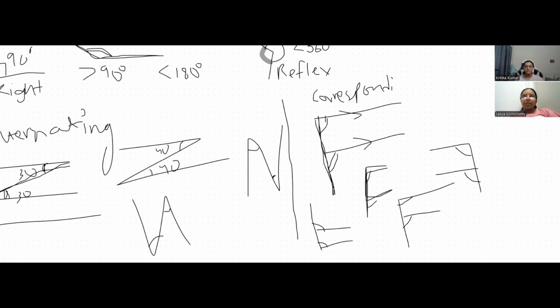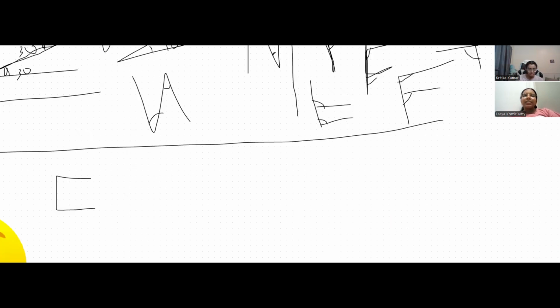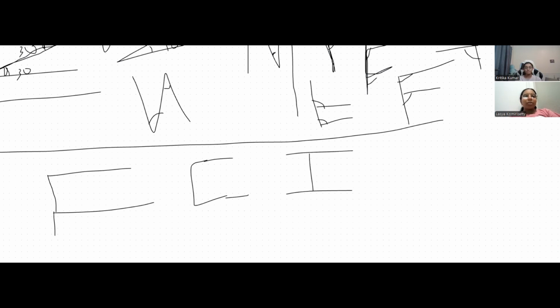We're almost there. The next ones are if you have two parallel lines that are connected. It can be an F or a C, it doesn't matter. They're just connected, or it can be like an I, it doesn't matter. What you need to know is the angles inside of that shape, these two angles.